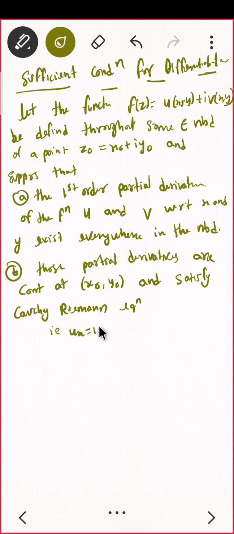Ux equal to Vy and Uy equal to minus Vx. Just remember this, okay? At x naught, y naught.